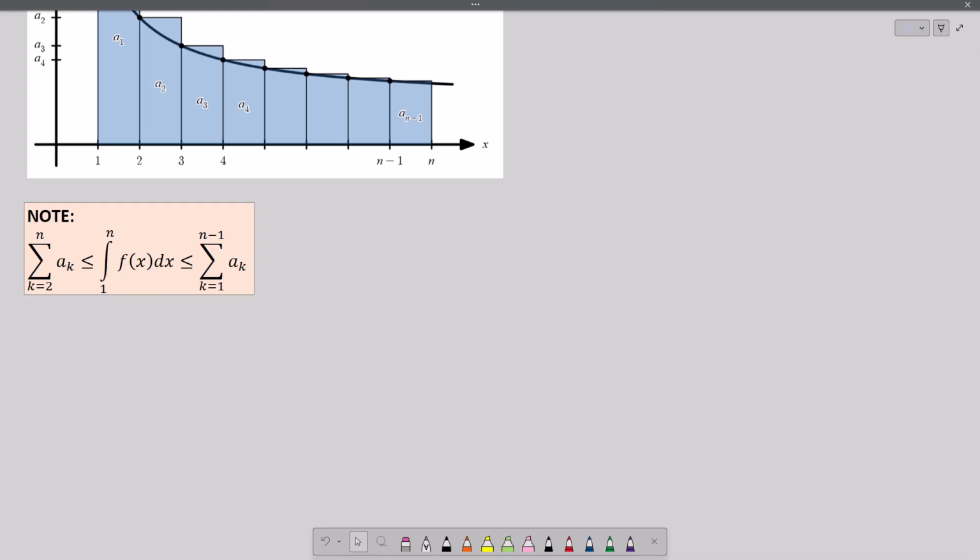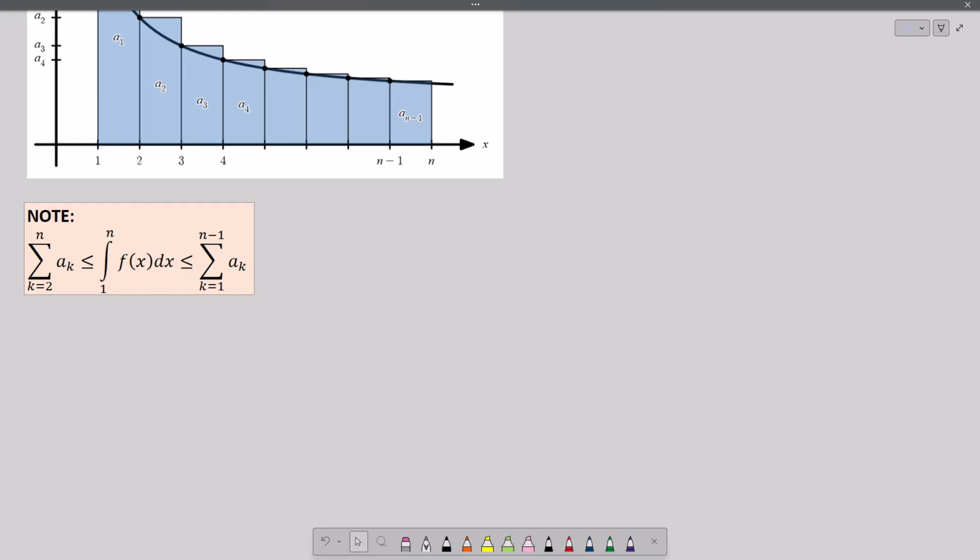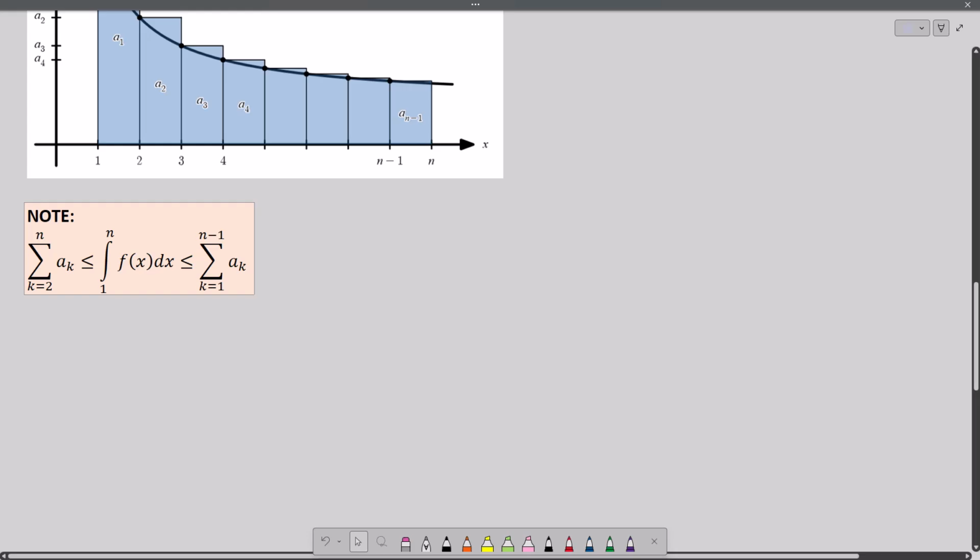If this integral diverges, so the improper integral diverges, as n goes to infinity, this represents the improper integral. If this diverges, then our series is bigger than it, so it must also diverge. If it converges, it's bigger than the series, so the series must also converge. If it diverges, the series is bigger than diverging, which means it also diverges. So they're going to do the same thing.